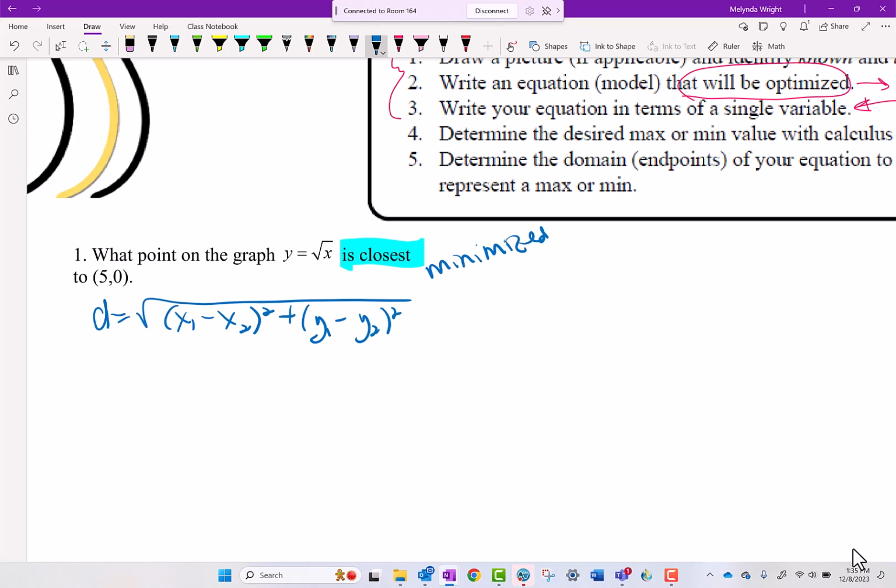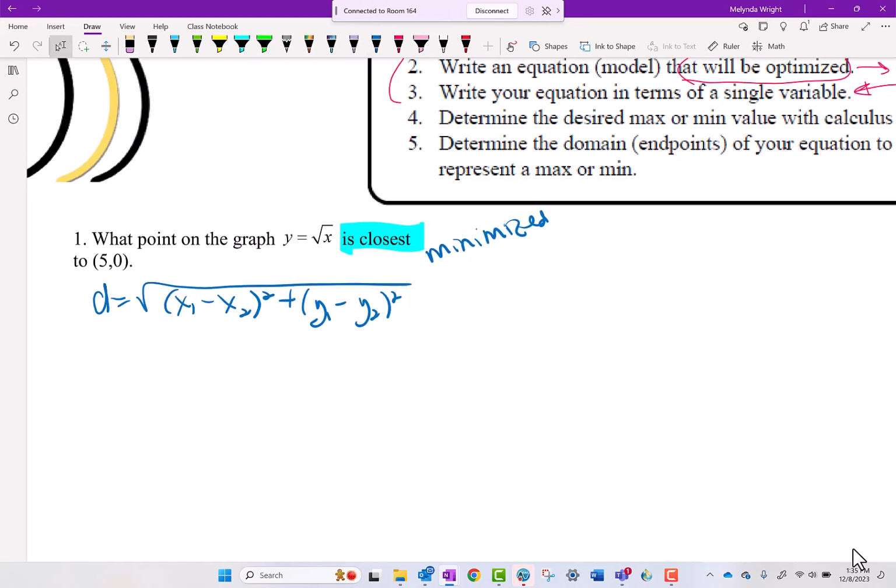So yay. All right, so let's look. I prefer to put this point in as the second part, like the x2, y2, because I would rather subtract a number than a function. So that's where I normally put the point. So let's rewrite that.